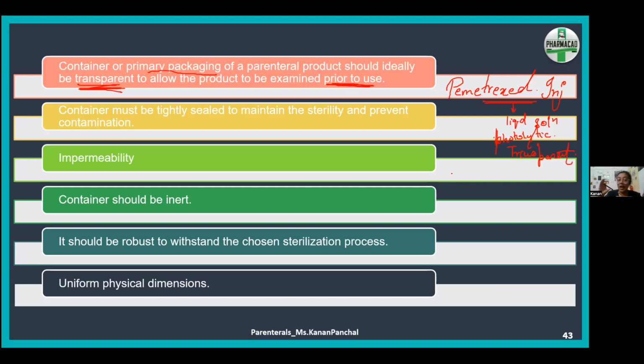So in that case you write the warning to store it in the secondary container, in case it is a multi-dose container, to protect it from photolysis. But if it came in amber color, would it be easy to see any precipitation? No, ma'am.